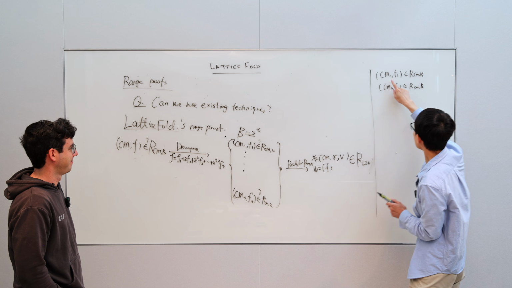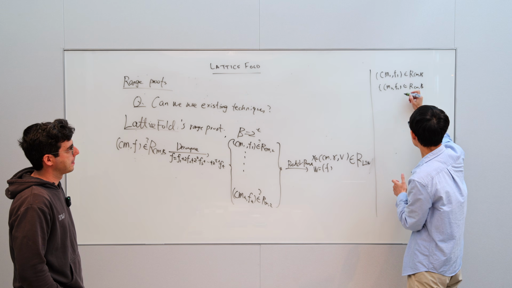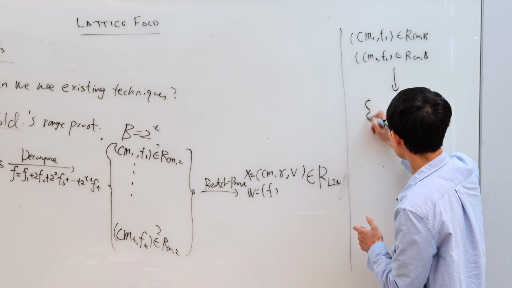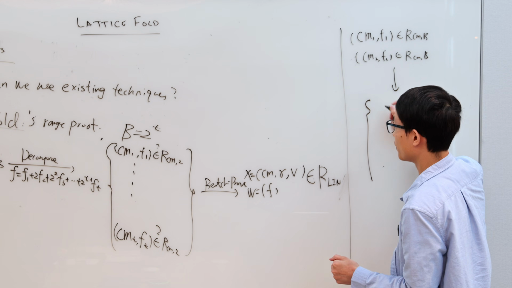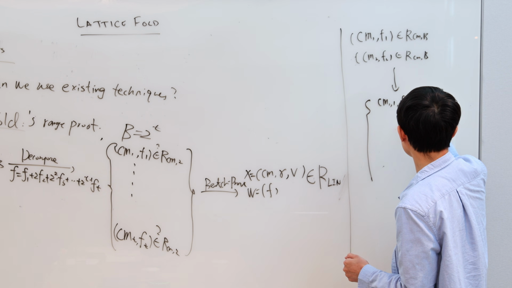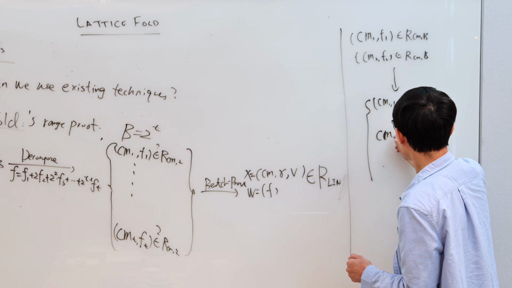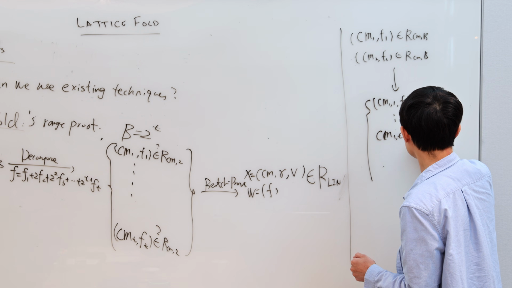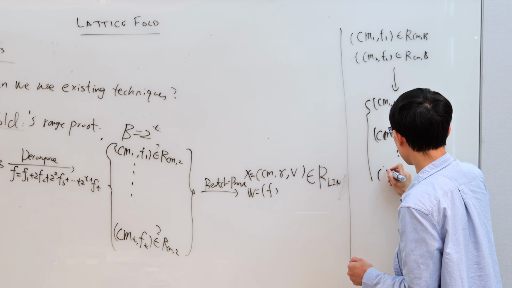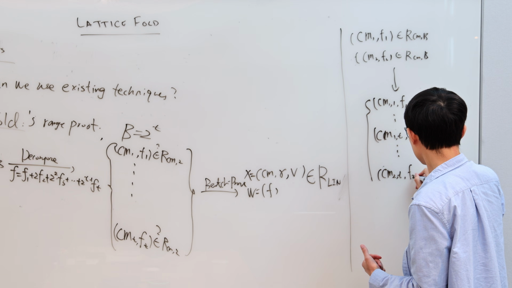You go from CM1 f1 and CM2 f2, and decompose them separately, and this goes to 2T statements, which is CM11 f11 to CM1T f1T, and similarly for CM2, up to CM2T f2T.